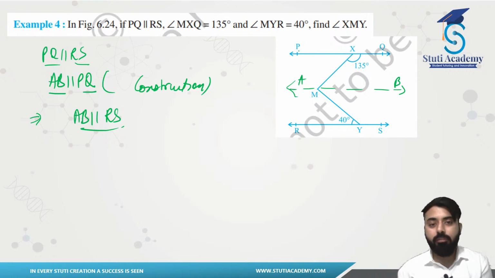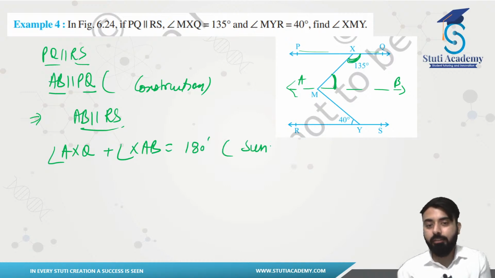Now guys, see, if PQ is parallel to AB, then the sum of their co-interior angles will be what? It should be 180. That means angle AXQ plus angle XAB has to be 180, and this is the sum of co-interior angles.